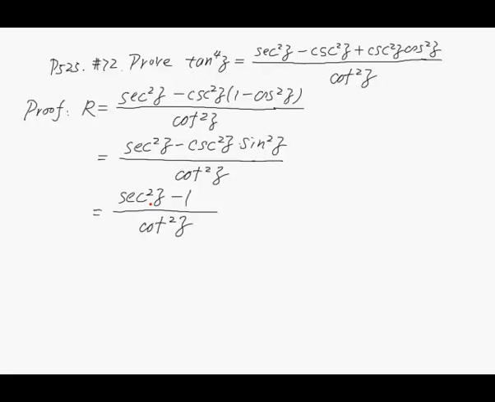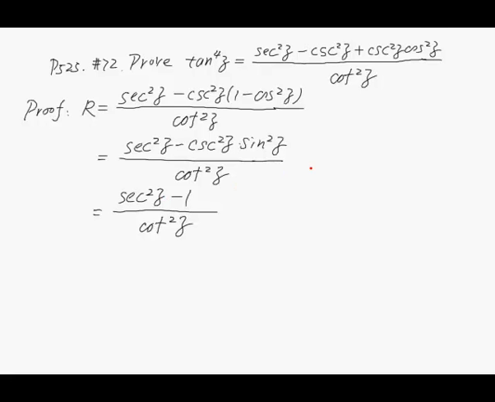And then tell me, what is the secant square of z minus 1? You need to memorize those identities, especially the Pythagorean identities. What is this? Tangent or cotangent square?